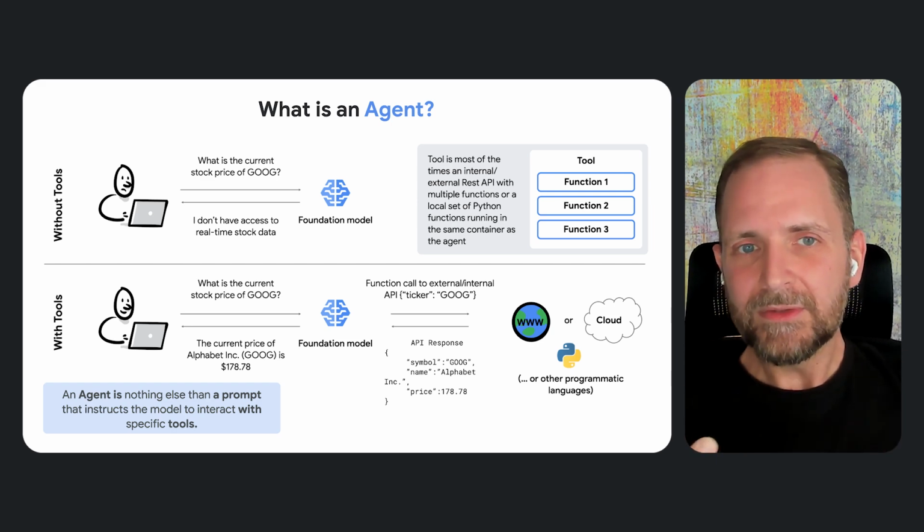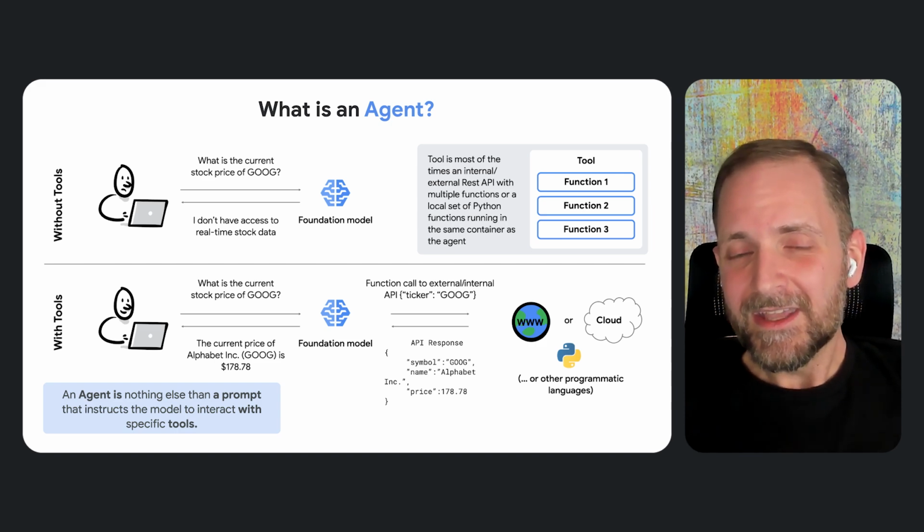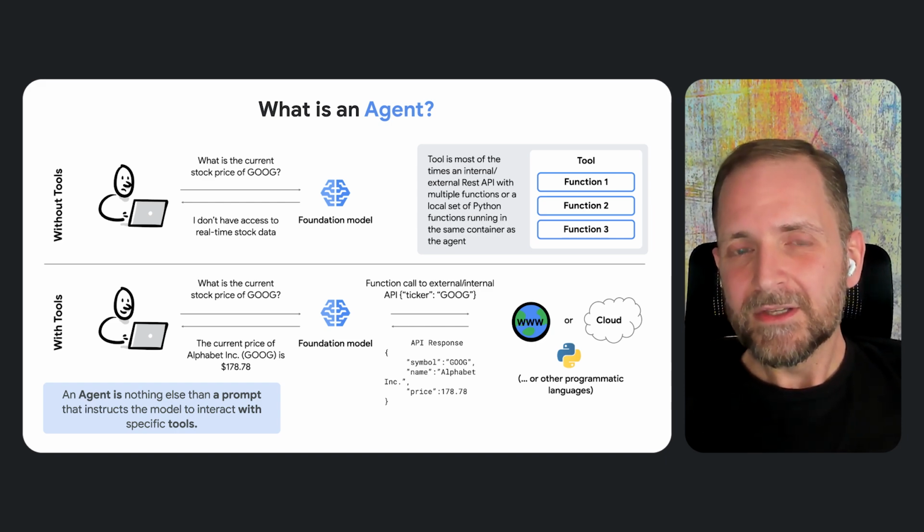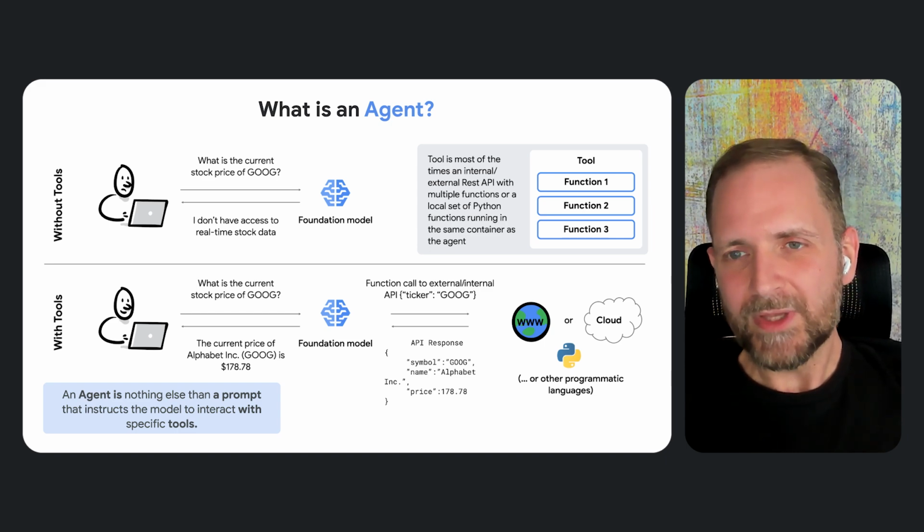Or we can have a different tool to send, let's say, the Google ticker acronym in order to get back the stock price. So we can have different tools that we will see and we will focus on in the next few slides. But let's see how we can build an agent to make that simpler for everyone to understand.